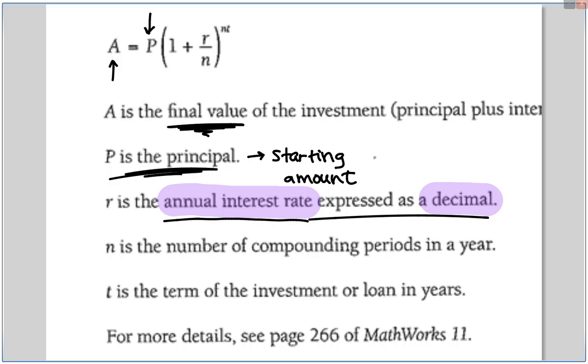So for example, say you got a 10% interest, which is very high, but they said it was compounded semi-annually, so twice a year. That 10% that you get for that year would have to be divided by the periods. So you'd get 5% on the first period and 5% on the second period. That's why in this formula right here, you can see that R is being divided. R gets divided by N, which is the number of compounding periods per year.